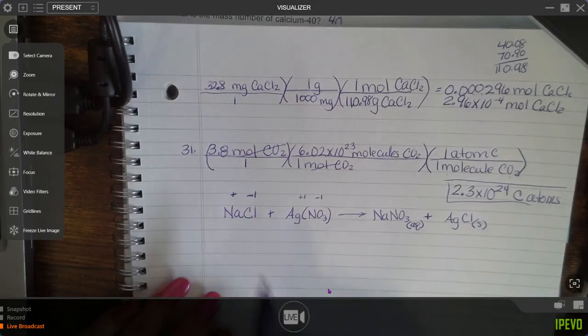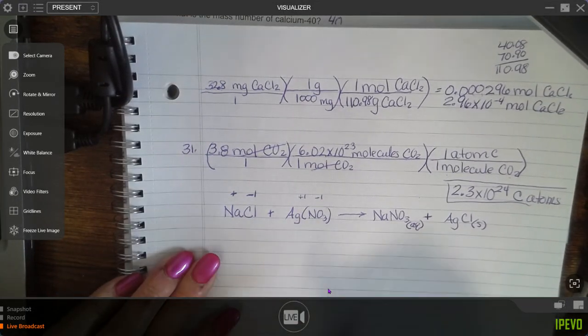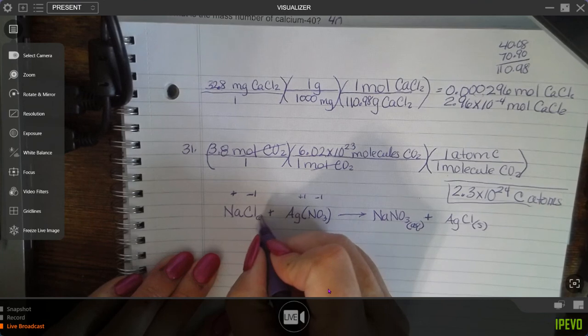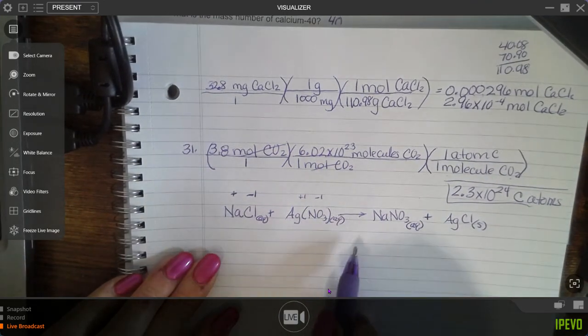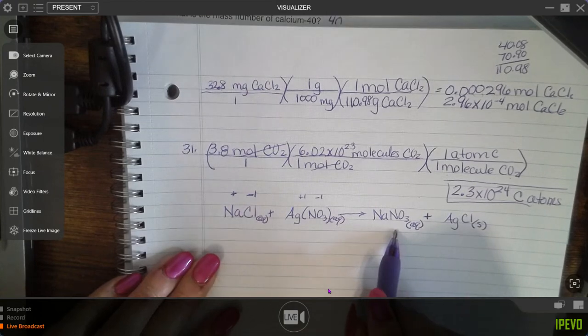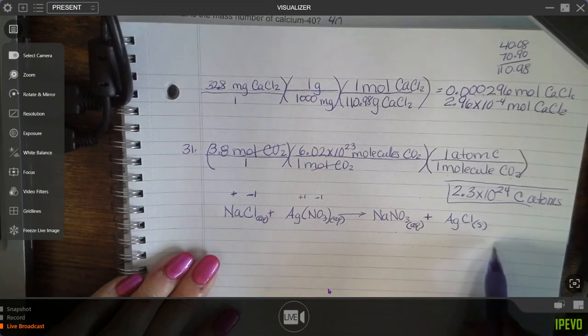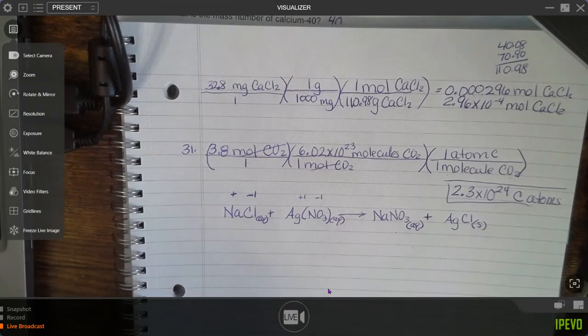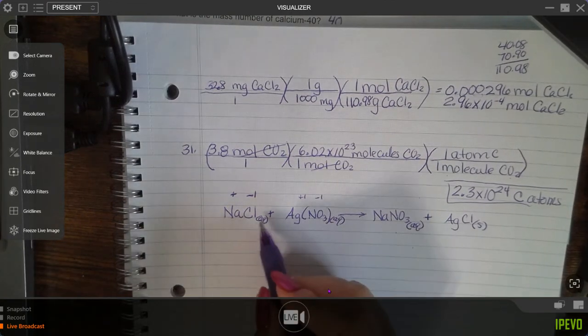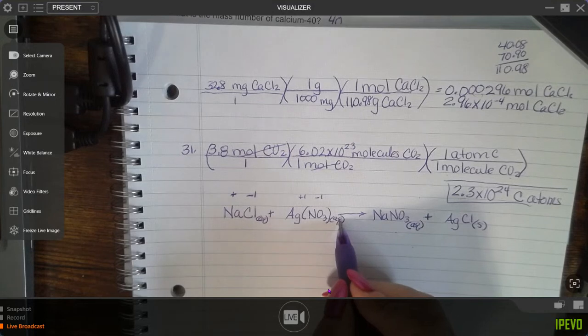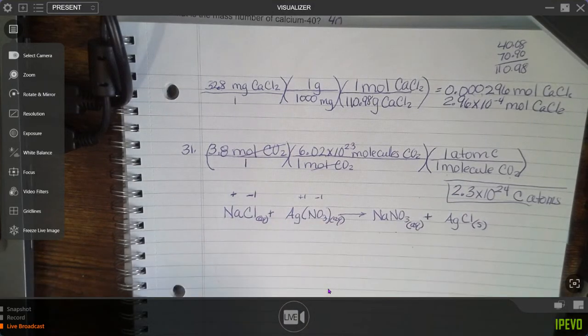So if I write just the general equation, I have aqueous sodium chloride and aqueous silver nitrate reacts to produce sodium nitrate that is soluble and silver chloride. So remember, in writing a net ionic equation, what you do is you break everything down that's aqueous into the ions.